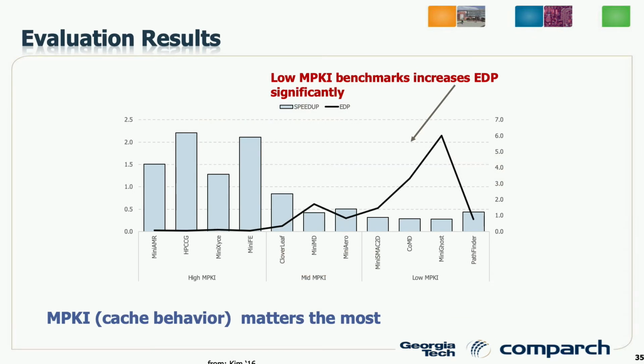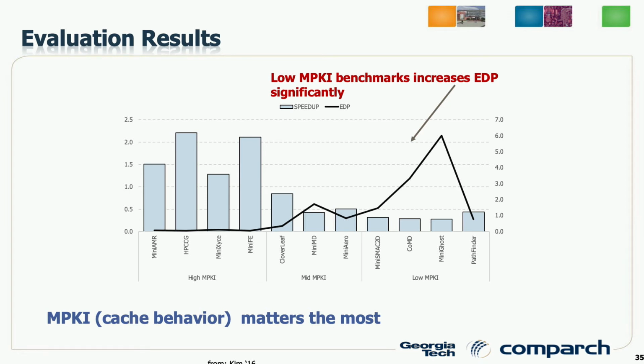So in that case, if you consider energy, the trade-off is the MPKI, the cache misses per thousand instructions, which matters the most, because we consider the energy-delay product. Then no-MPKI benchmarks increase EDP significantly.